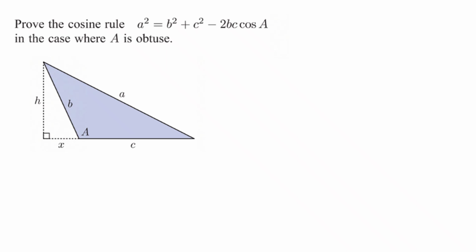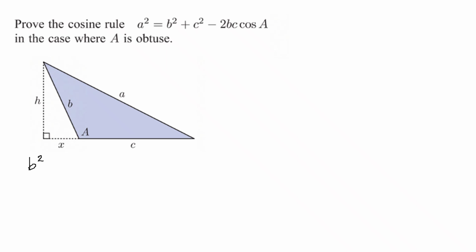I can actually see two right triangles here, this, and the bigger right triangle right here. Okay, so the side b here serves as the hypotenuse of the smaller right triangle.